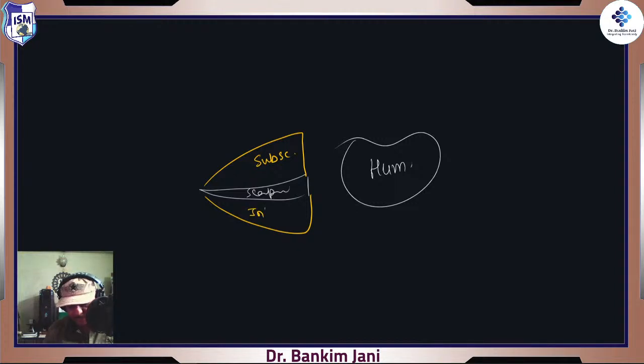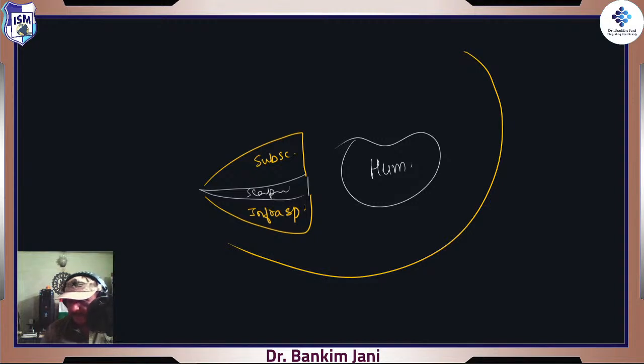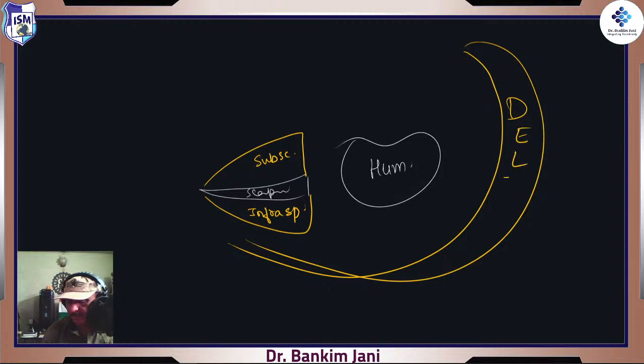Now let's say we are taking it at a lower level, so this is infraspinatus, completely easy. And this entire thing is covered by, that shape itself is telling that it has to be the deltoid. So that gives that curve. True? And that's it.